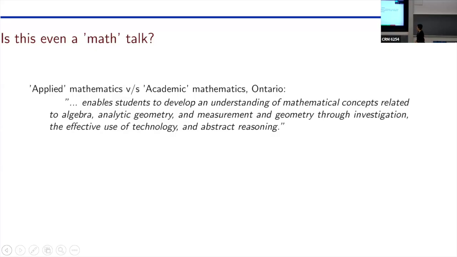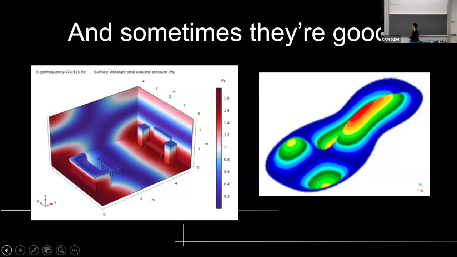Applied math enables students to develop an understanding of mathematical concepts, blah, blah, blah, which completely misrepresents anything interesting about math, and certainly does not say very much about applied math. I think math is characterized more by a sense of wonder and curiosity. And it just happens to be quantitative reasoning, but this stuff makes it sound very pedestrian. Rant is over.